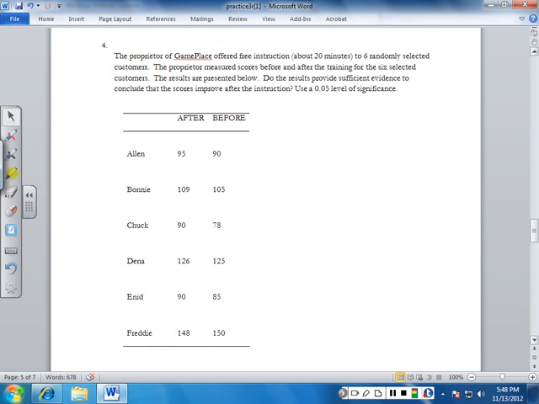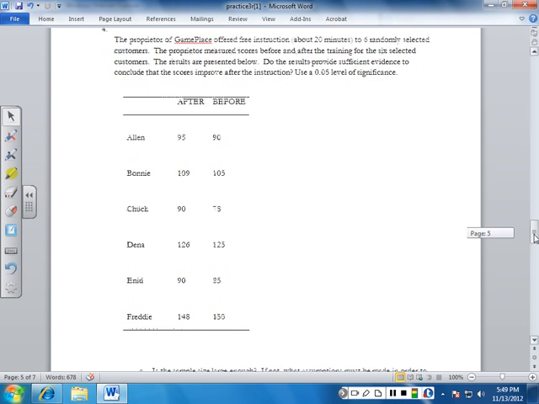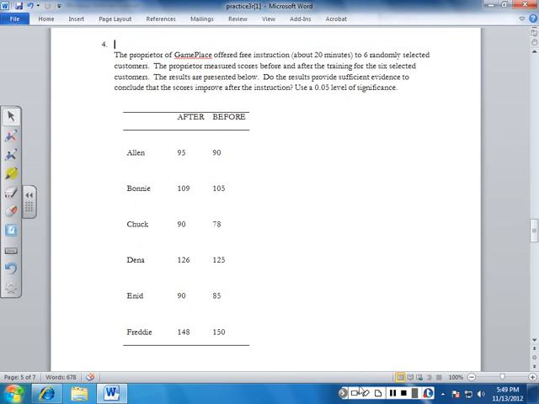So when you have the matched pairs, H_A is mu greater than 0.